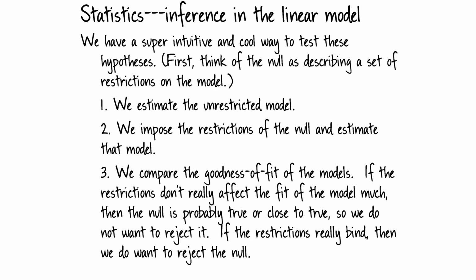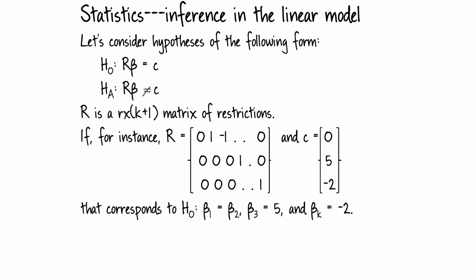So first of all, let's think of the null as describing a set of restrictions on the model. Okay? So in this case, this null has 3 different restrictions, that beta 1 is equal to beta 2, that beta 3 is equal to 5, and that beta k is equal to -2. So we think of the null as imposing restrictions on the model.